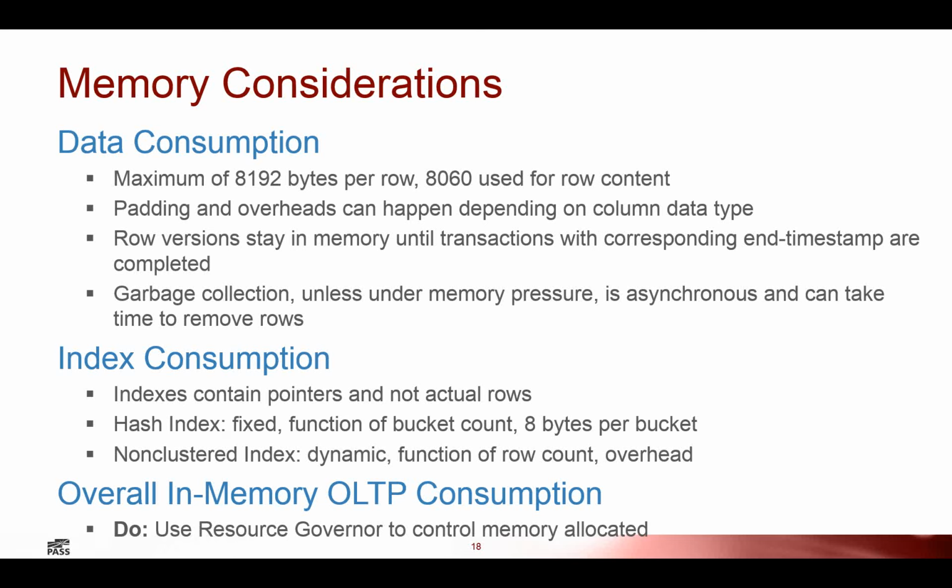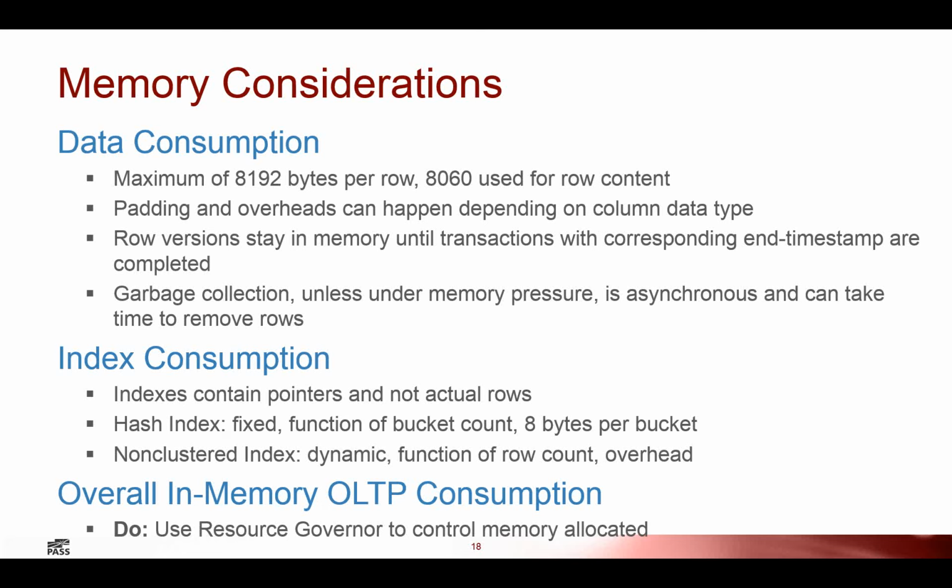So if you delete a row, it may stick around for a while before garbage collection takes place and releases the memory used by the row. Garbage collection is cooperative and asynchronous, so it will take some time to remove the row. So you want to provision more memory than the absolute minimum to allow for this to happen.